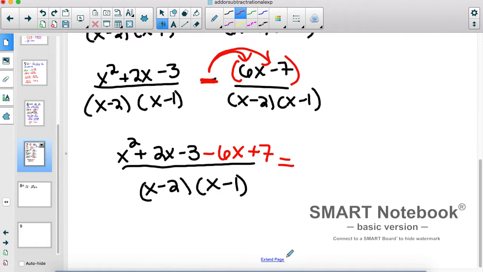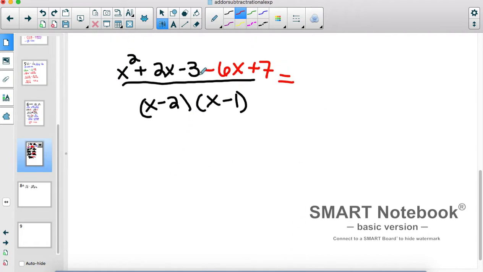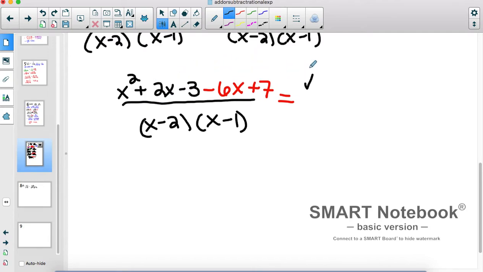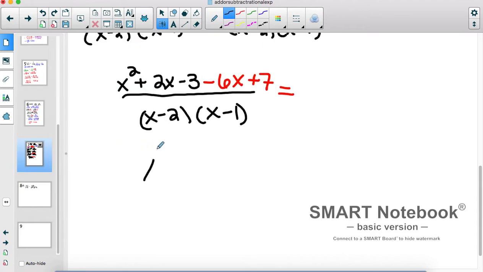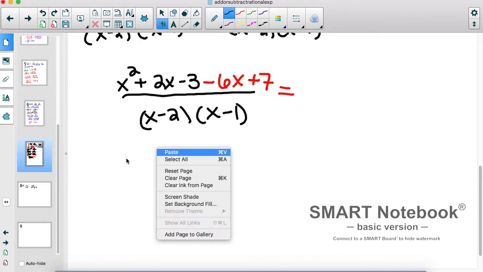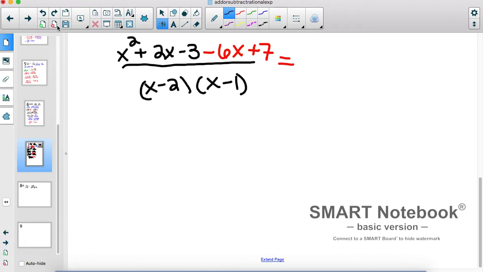All right, now let's combine like terms. So x squared is just x squared. You know what, I'll do it here. Sorry guys, I keep clicking something by accident.